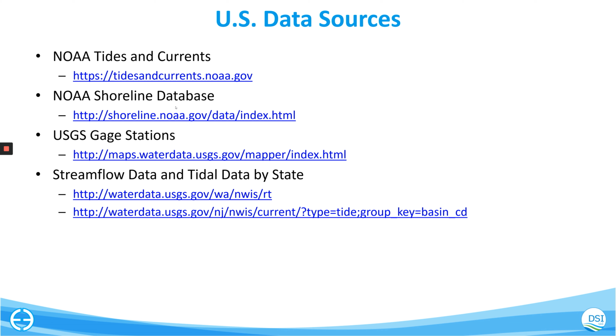NWIS with the USGS, these are, again, very, very good sources of data, quality checked data in most cases. They could have significant gaps, however. A lot of times in USGS stream flow data or stage data, you might see gaps of several years in those time series.